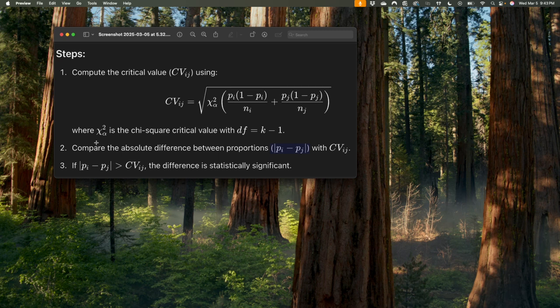The second step is to compute the absolute difference. You take the difference between two of them, and it has to be absolute, so if you get a negative, it becomes a positive. Finally, you compare that absolute value with the critical value to determine if it is statistically significant.